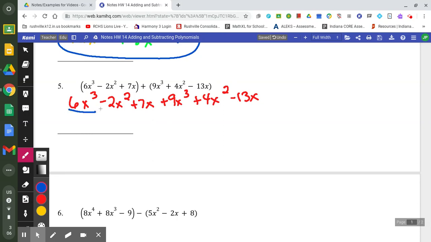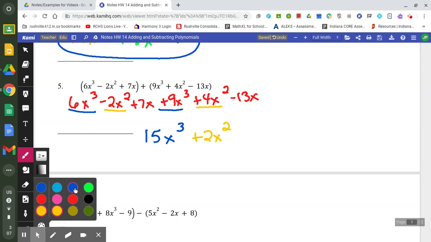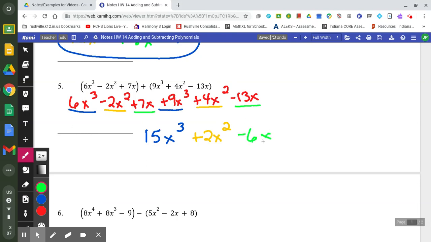I have a 6x to the third and a 9x to the third, so 15x to the third. Negative 2x squared, positive 4x squared, so positive 2x squared. And then positive 7x minus 13x minus 6x.